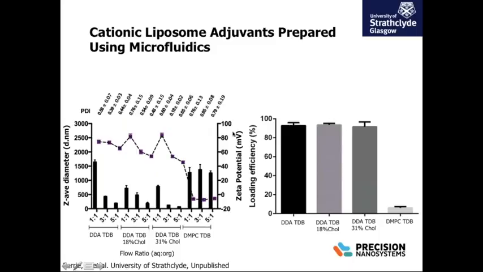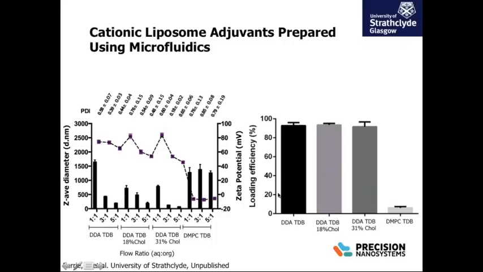They also looked at the surface charge here, and as you can see, the liposomes containing the cationic lipid, of course, had a more positive surface charge, and the liposomes containing only the neutral lipid had a zeta potential close to 0. Then they took some of the lead candidates out of this lot and loaded them with the protein.